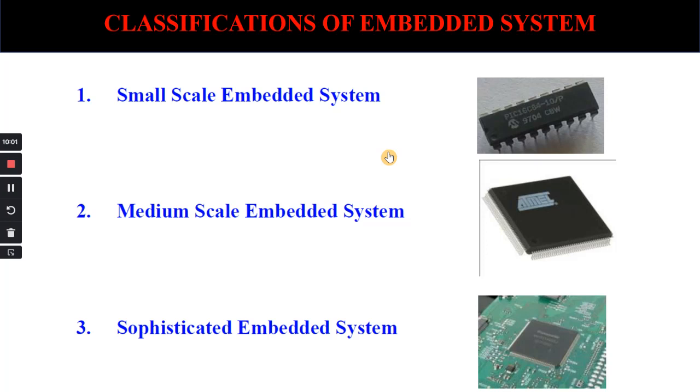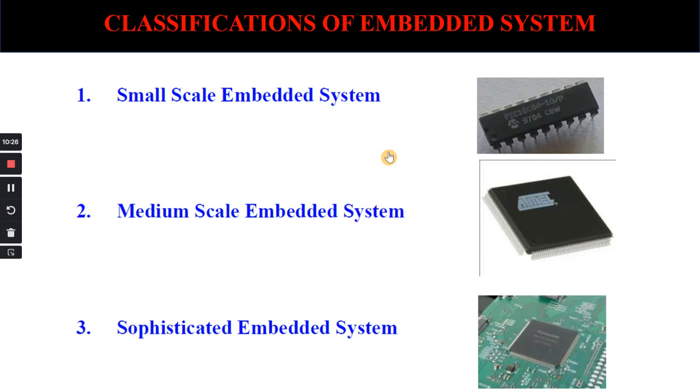What do we mean by big ICs? We have a variety of ICs in embedded systems, like 4 pin, 8 pin, 28 pin, 40 pin, 44 pin. We have many types of microcontrollers with multiple pin types. In that, we can take only 4 pin, 8 pin, 28 pin. These all come under small scale embedded systems.